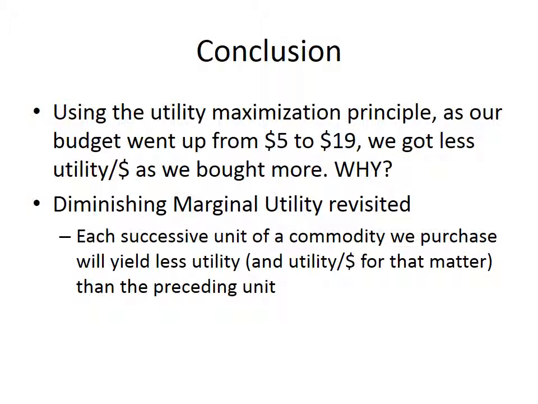We get the most usefulness, the most benefit from the first dollar we spend. Okay, and so ultimately, this is an argument for conserving resources, for not buying more than you actually need. And I think that concludes this discussion of utility maximization and consumer optimality.